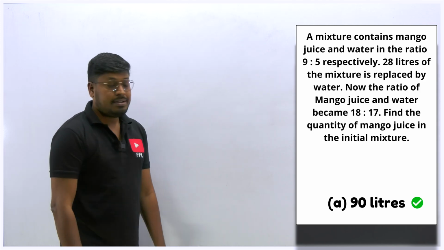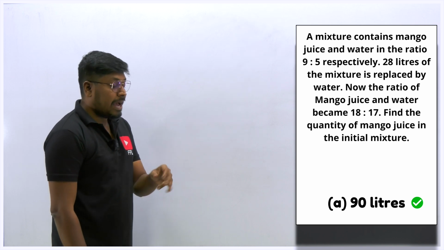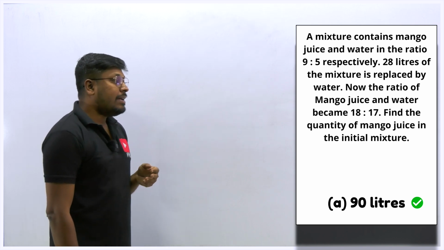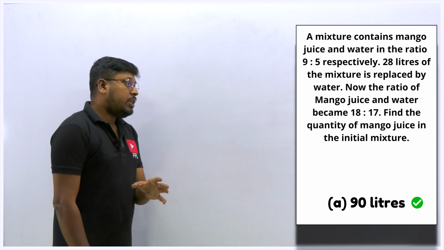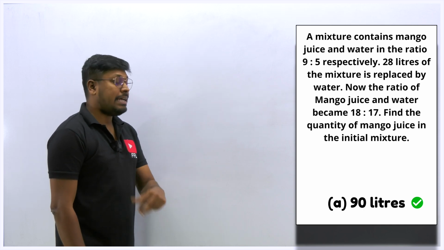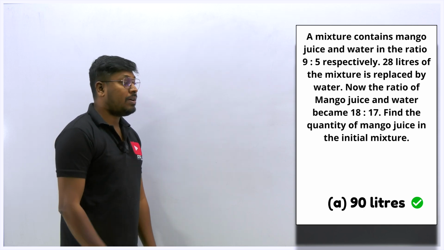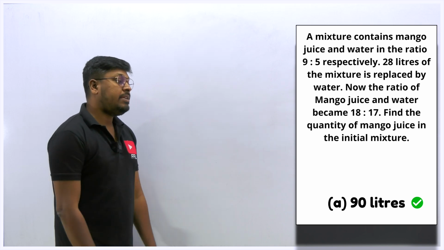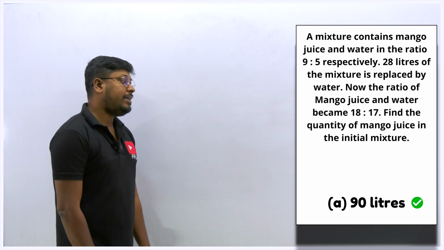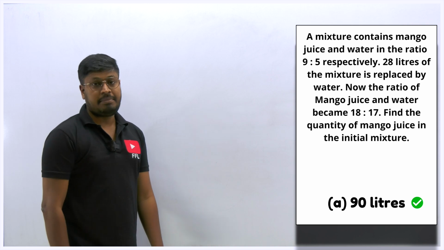So next question: a mixture contains mango juice and water in a ratio 9:5. 28 liter of mixture is replaced by water. So now the ratio of mango juice and water becomes 18:17. Find the quantity of mango juice in the initial mixture. Right?